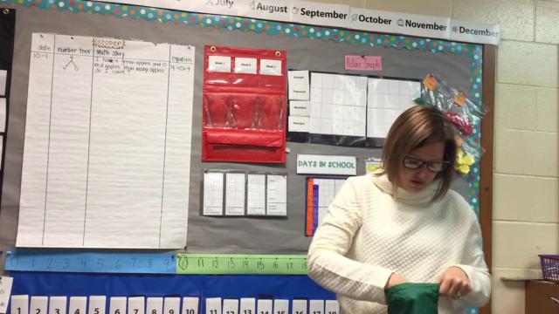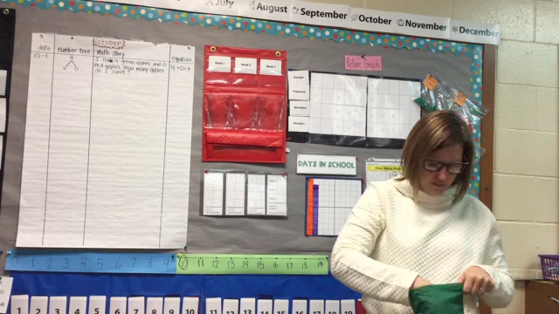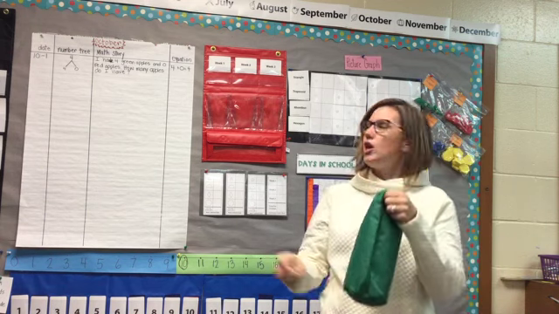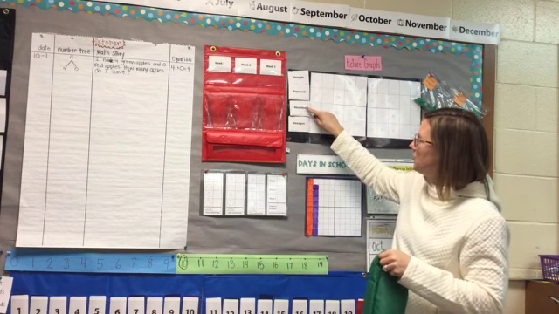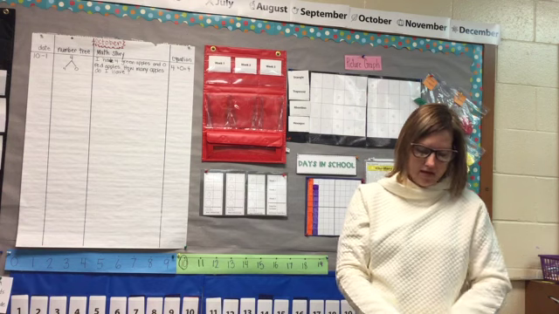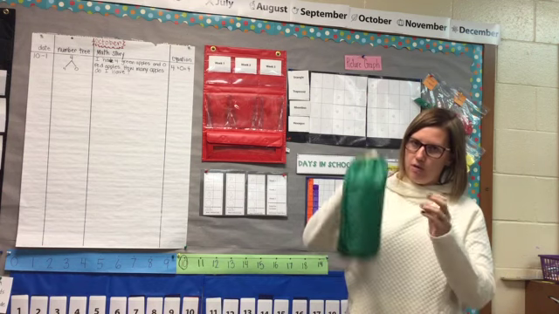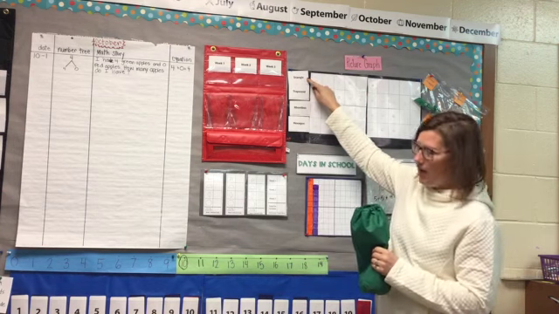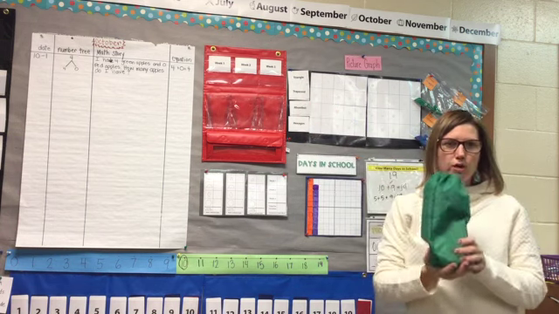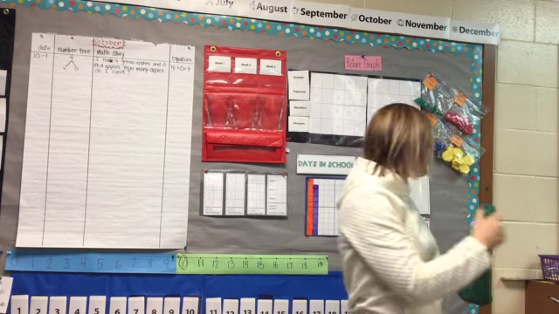Blue. We are missing our blue. Here we go, here's one. So all of these shapes, the triangle, trapezoid, rhombus, and hexagon, are all in here, and there's 10 of each. Okay, so how many shapes do I have in the bag? 10, 20, 30, 40. I have 40 shapes in the mystery bag.